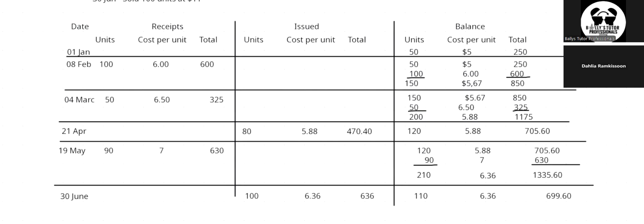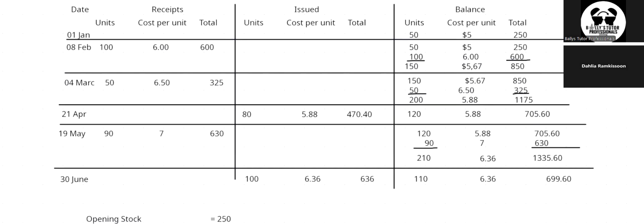And then in April, I sold 80, just selling 80 from that 200. So I'll remain with 120, valued at whatever the latest average cost was. Then I purchase the next set of goods after calculating the new average cost. And when I sell them, I'll just sell it from the total, and what I remain with will be valued at whatever the latest average cost was.